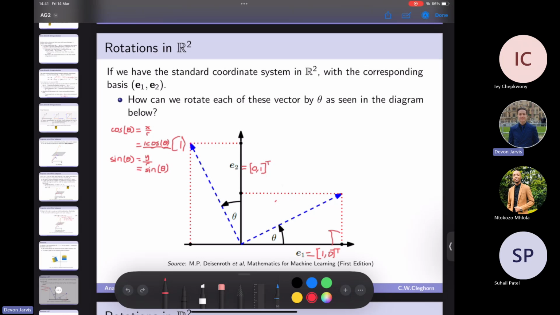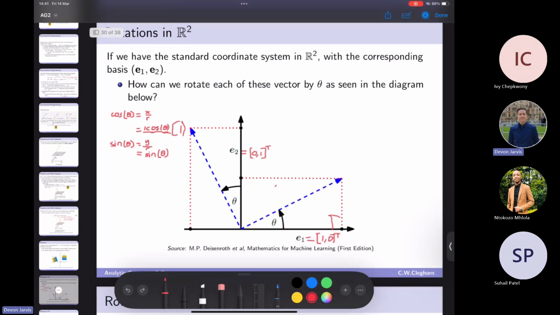We're just going to do what we usually do with rotations from school. We define this angle between the x and the y coordinates, and this is your hypotenuse. However you want to remember it, these are the equations.